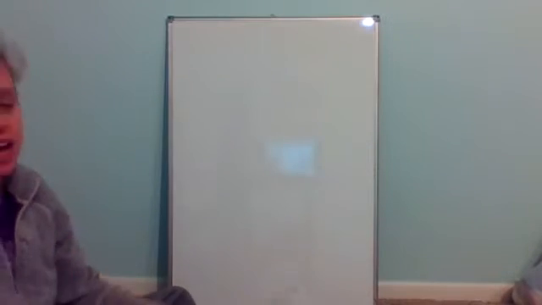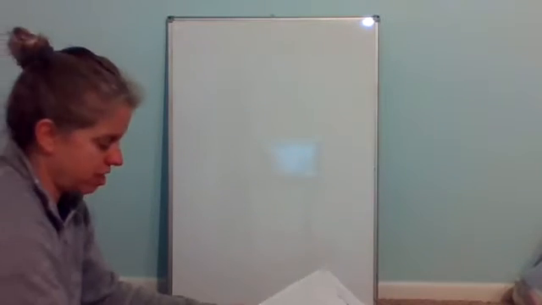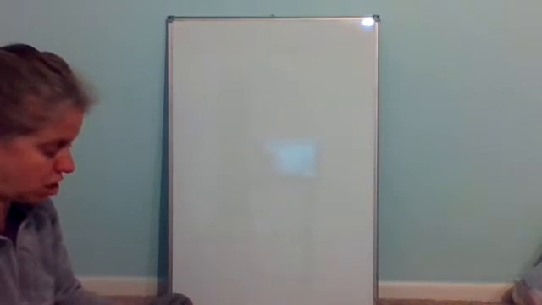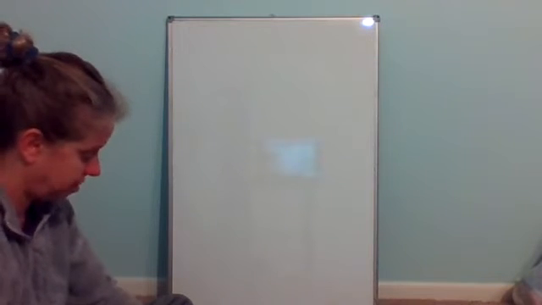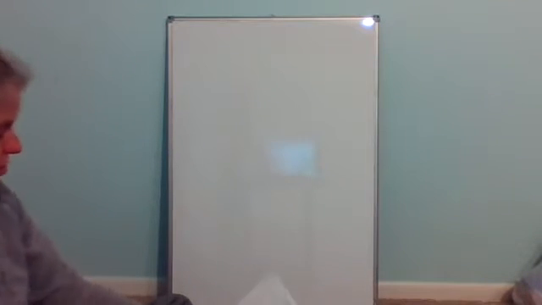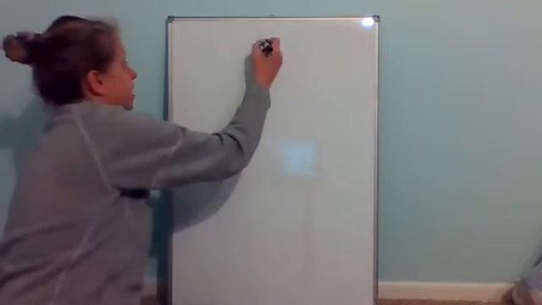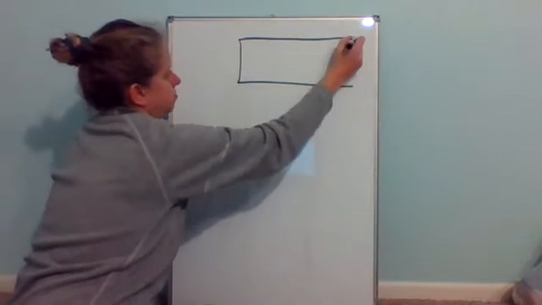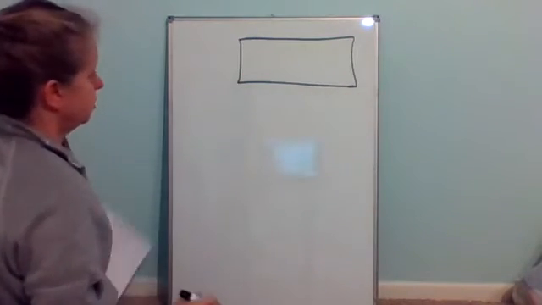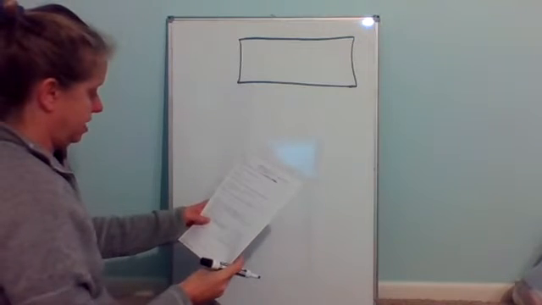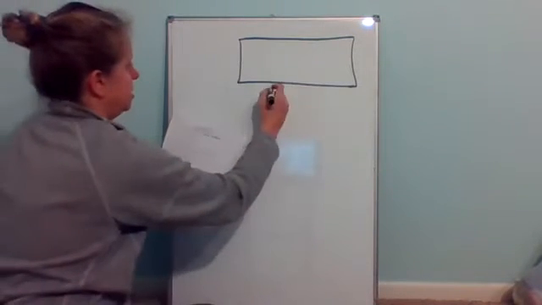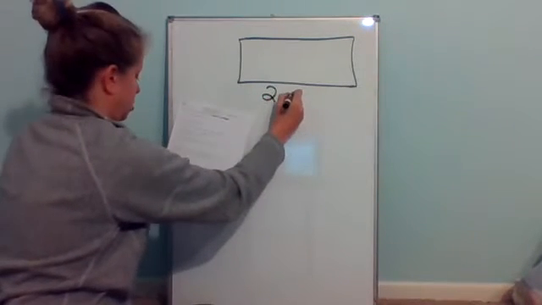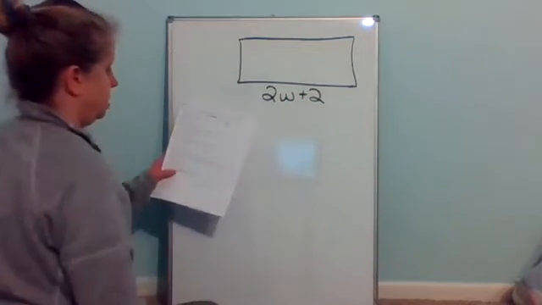Okay, this is the one that we had trouble with on the day that we covered it, and my students in previous semesters always have trouble with this one. It's another perimeter problem, and it gives you the rectangle. It says this side of the rectangle, which is the length, is 2w plus 2.